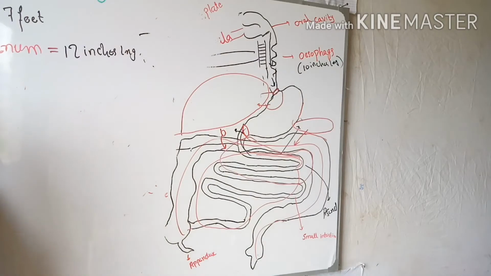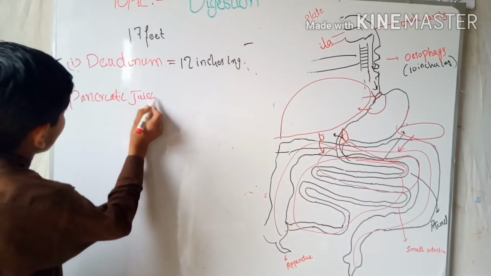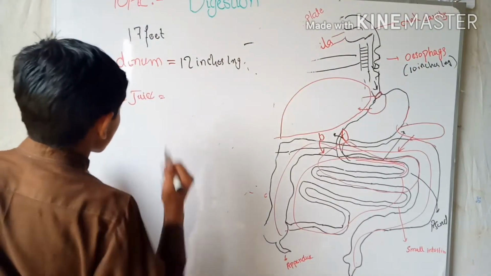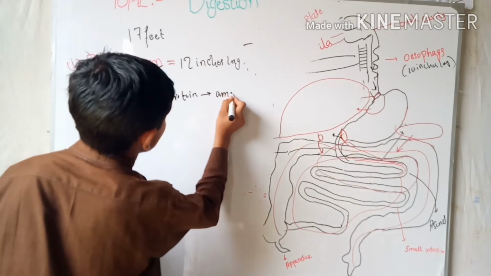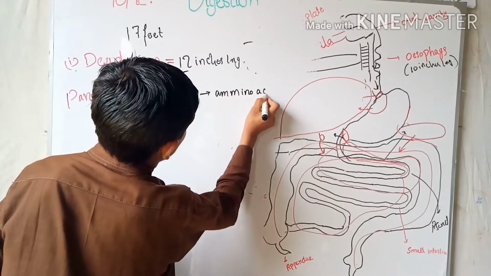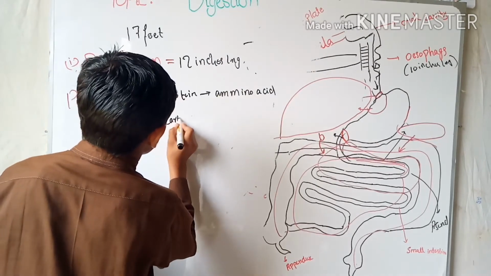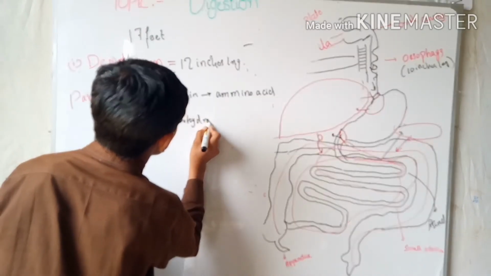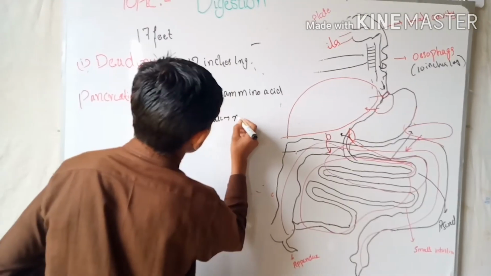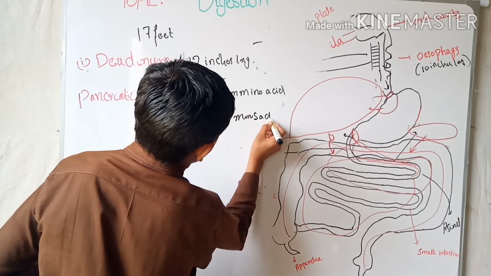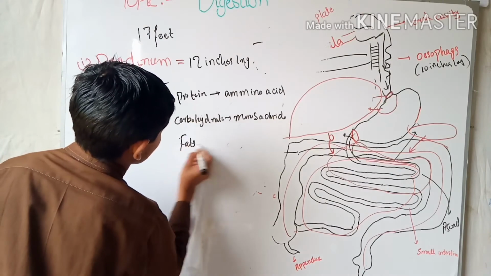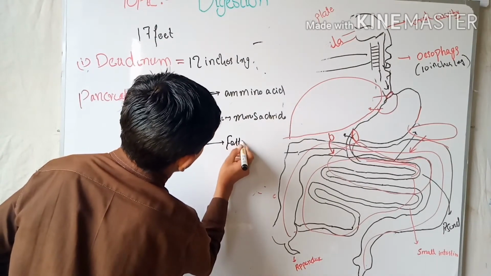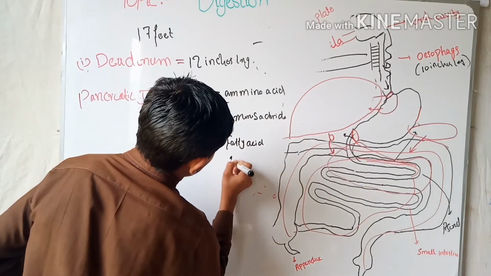pancreatic juice: protein into amino acid, carbohydrate into monosaccharide, fats into fatty acid and glycerol.